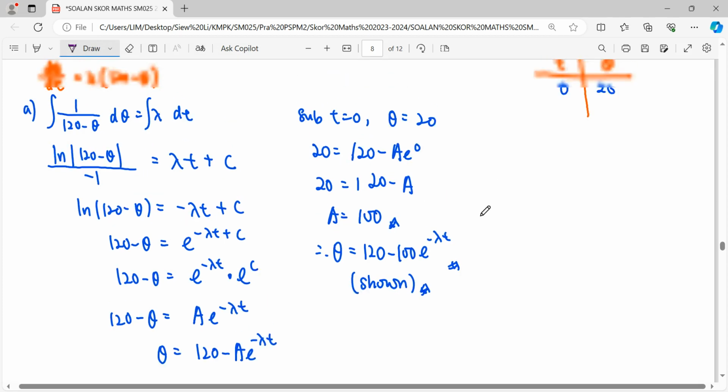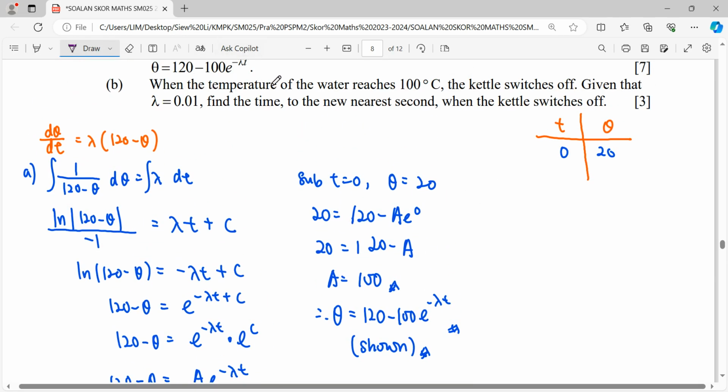Then when we move to question B, it says when the temperature of the water reaches 100 Celsius, the kettle switches off. Given that lambda is equal to 0.01, find the time to the nearest second when the kettle switches off.